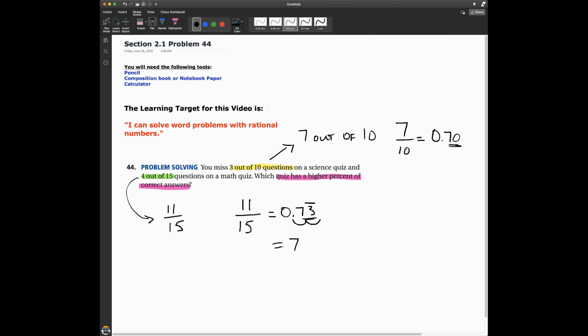So this becomes 73.3 repeating percent. We do the same thing up here, moving it 1, 2 places to the right, and so 7 out of 10 is the same as 70%.